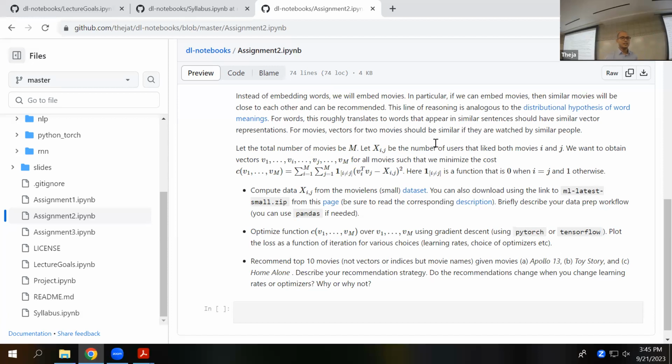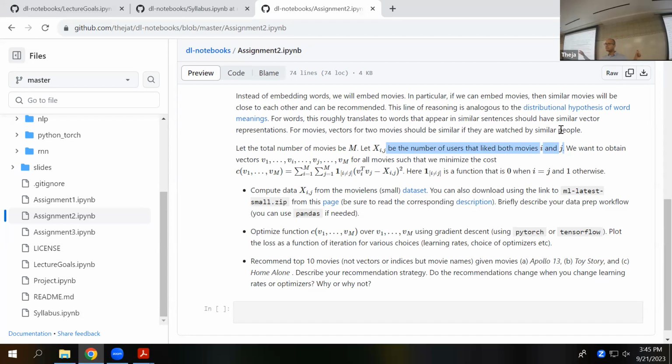So in the sentence it's saying xij is the number of users that like both movies i and j, right? So if you had access to who are the users who like movie i, and who are the users who liked movie j, in the sense when I say who are the users, let's say user ID.